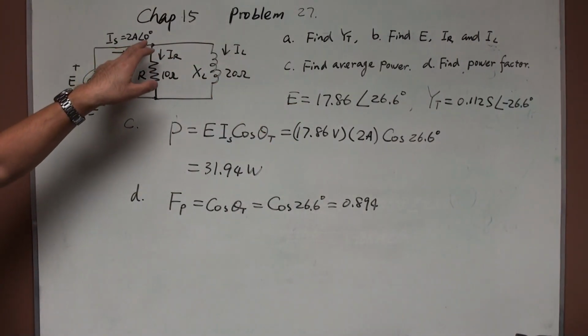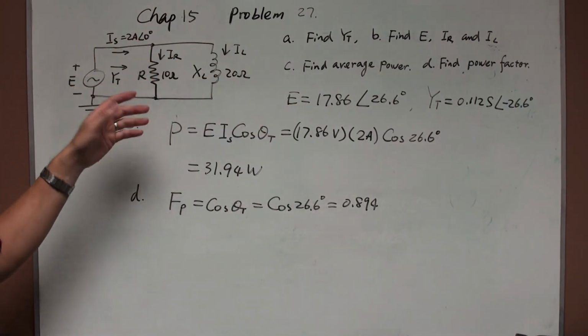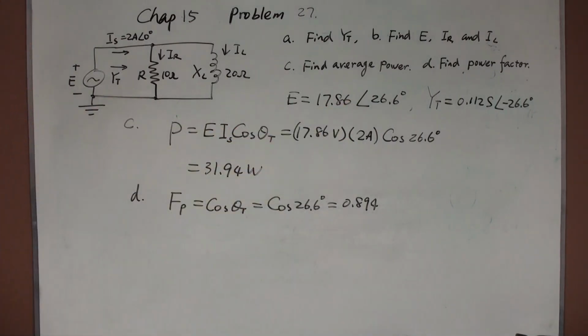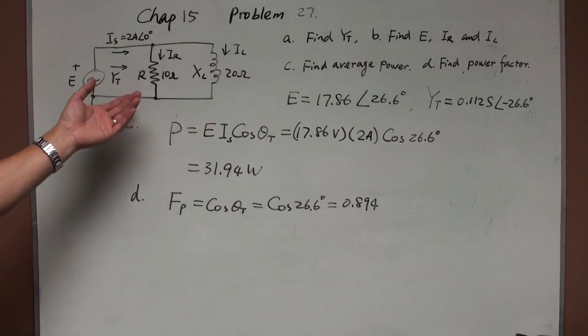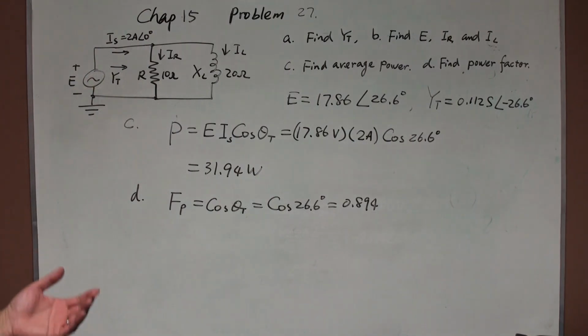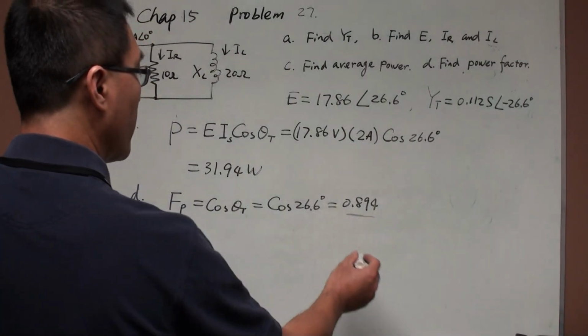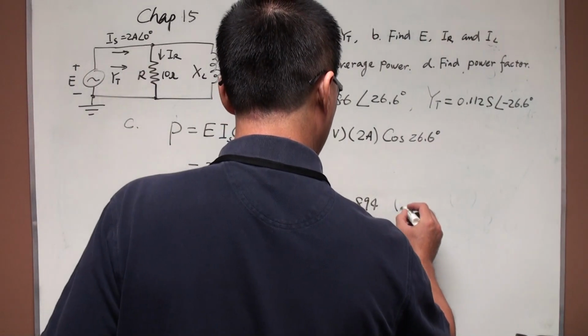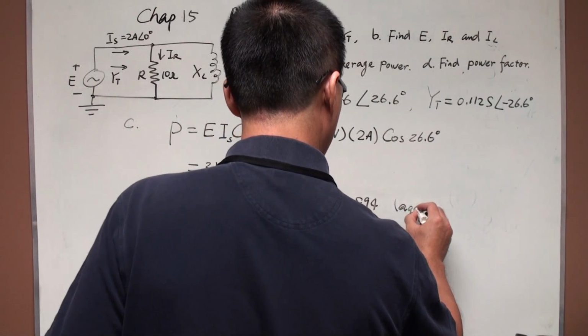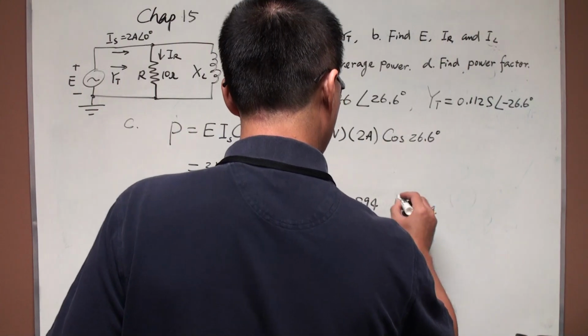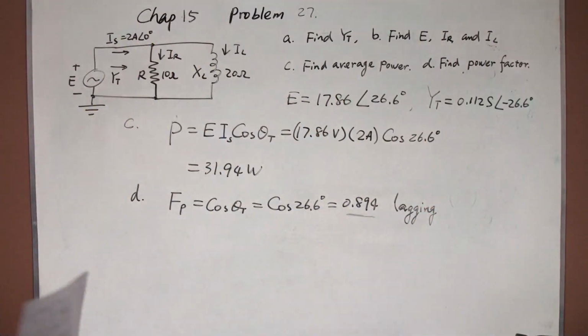You can see the current has a 0 degree angle, and the voltage has a 26.6 degree angle. Apparently, the current lags the voltage, so that means the power factor is a lagging power factor, because the current lags the voltage.